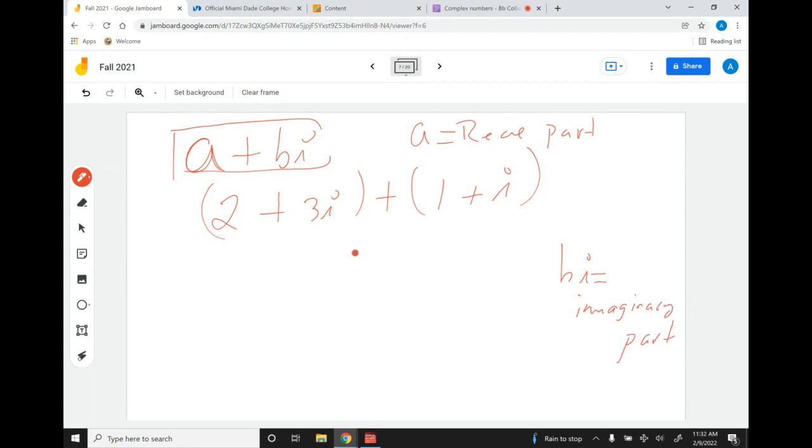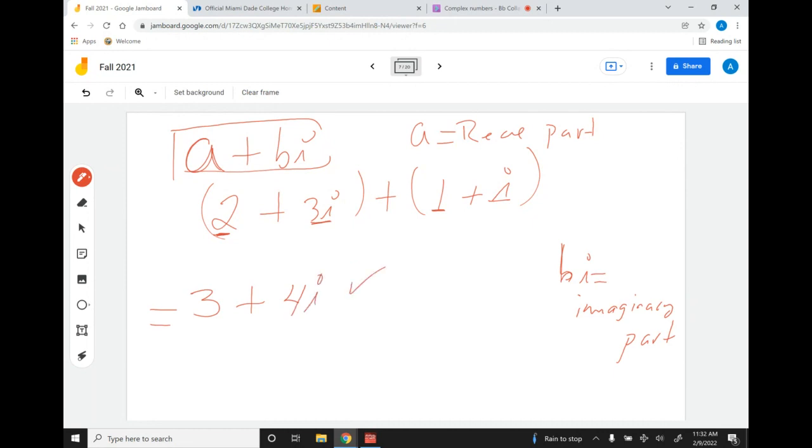So when you're adding, you add 2 plus 1, which gives you 3. You add the real parts, and then you add the imaginary parts. 3i plus i gives you 4i, and you're done.